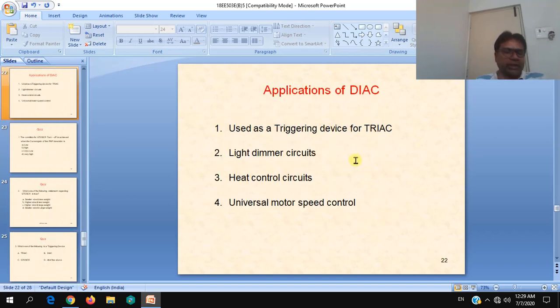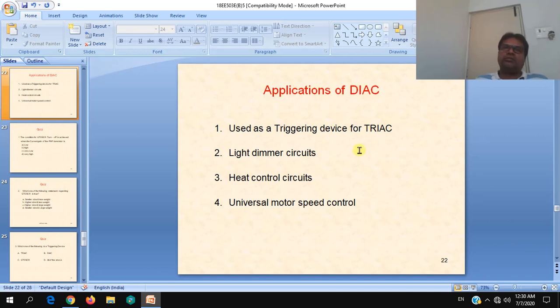When it comes to applications of the diac, compared to other thyristor family and power electronic devices, this is normally designed for lower ratings. Comparably, turn on and turn off times are more when compared to other devices. It is mainly used as a triggering device for the triac in most applications.